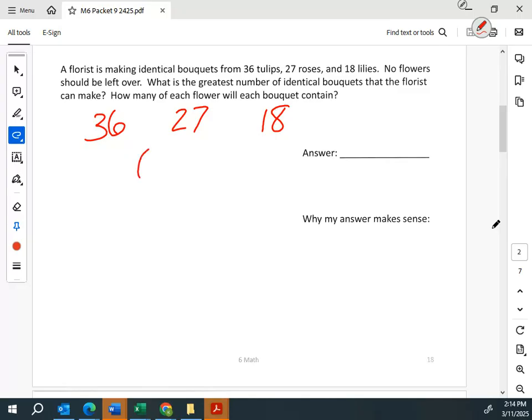You need to find that greatest common factor of all 3 of those numbers. What is the biggest number that we can divide out of all 3 of those numbers? That is how many bouquets there are going to be. So find that greatest common factor, that's your number of bouquets.